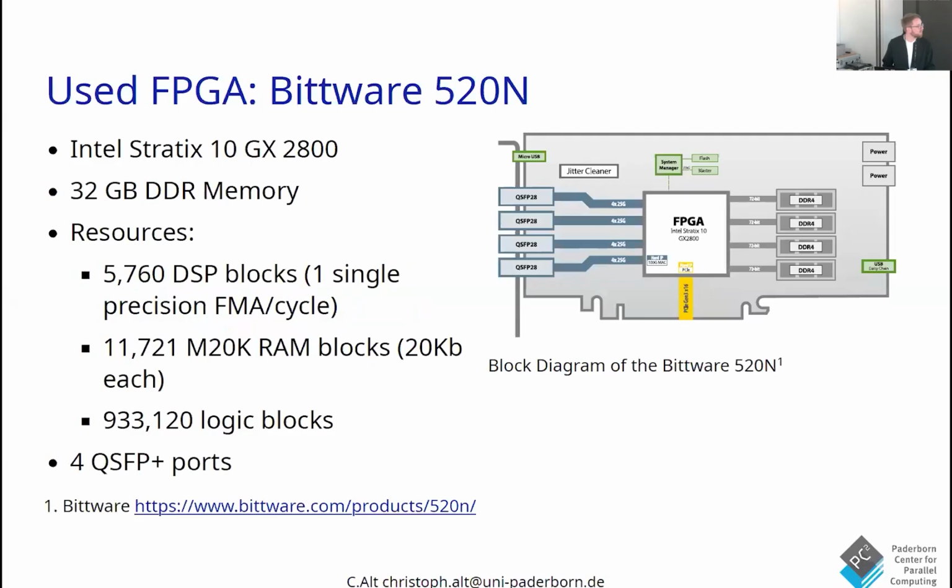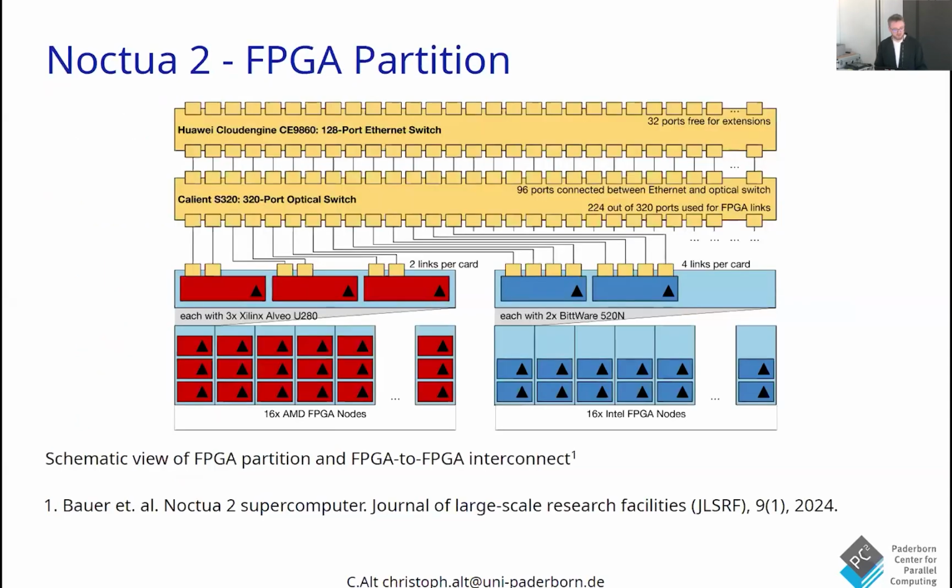Okay, so a bit about the board. In part 1, we have this Bittware 520N card. It has a Stratix 10 FPGA on it, I think the most powerful version of these FPGAs. And the interesting part is these 4 QSFP ports that allow us to connect a single FPGA to networking.